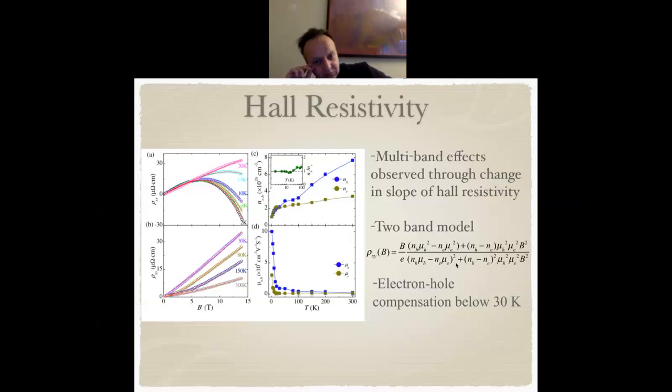So, Hall resistivity. If you are putting a magnetic field in the z direction and a current in the x direction, you want to know what the resistance would be resulting in the y direction.